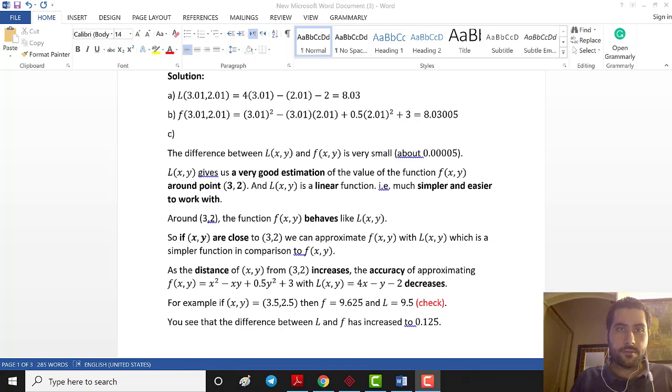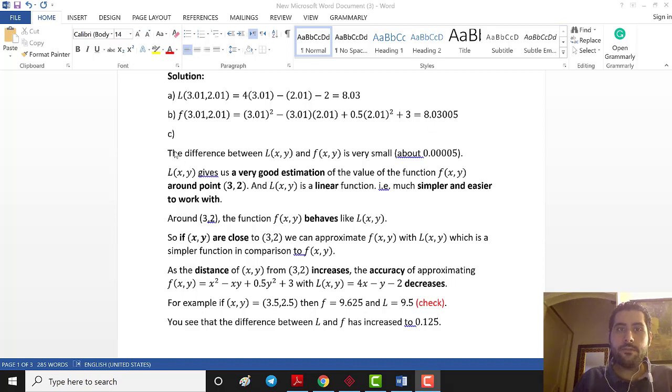Now, if you remember, we did the calculations using the Symbolab. Look, the value of L at the mentioned point is 8.03. The value of F at the mentioned point is 8.03005.